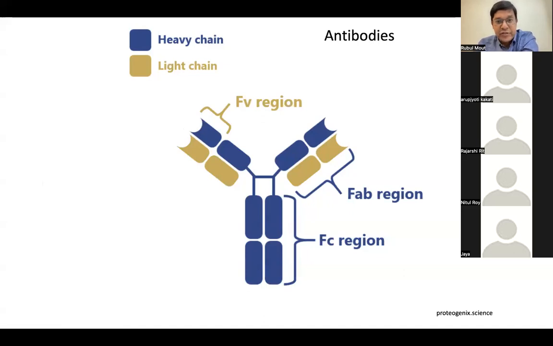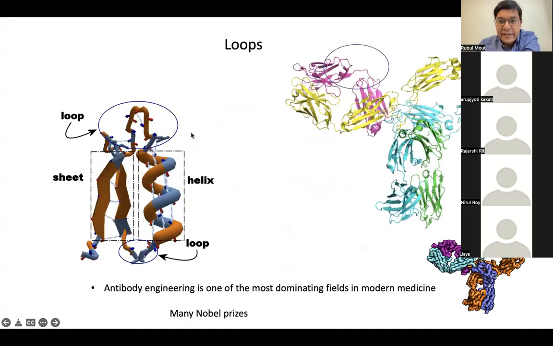I'm not going to go into details of immunology here, but that re-engineering in our body happens mostly at this region, because, as you see, it's full of loops, and all these loops, our immune system tries to mutate and re-engineer so that it can fight anything that comes in, right?